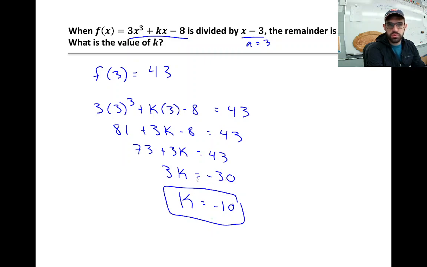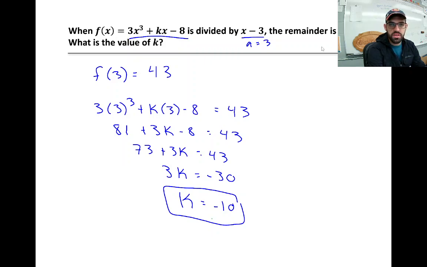Well, if 3k equals negative 30, divide each side by 3, we get negative 30 divided by 3 is negative 10. We have k would be negative 10. So that would be our answer. And what it means is that if we put in a negative 10 in the original function for k, then f of x, when divided by x minus 3, would have a remainder of 43.